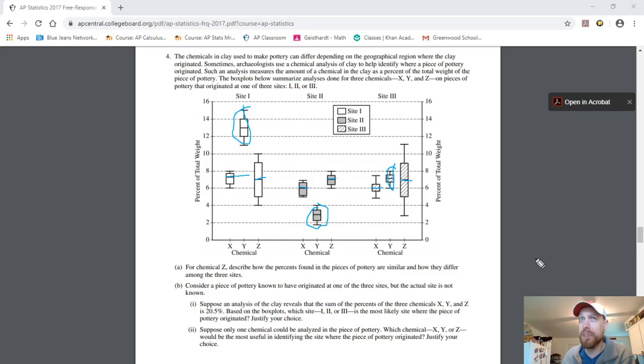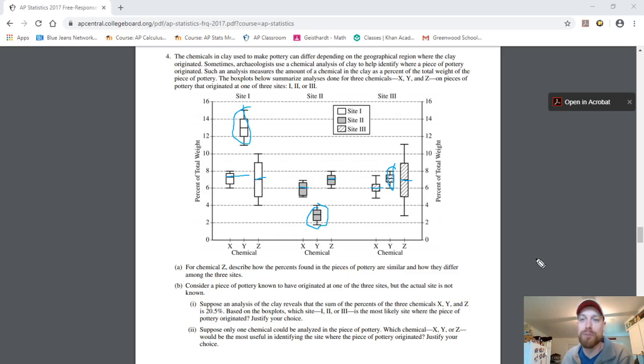I disagree with that because there could still be overlap and it would be the most useful. It's not required that there's no overlap for it to be the most useful chemical. But in this case, there obviously is no overlap in the percents. If it's between 11 and 15%, you know it came from site 1. If it's between 6 and 8%, you know it came from site 3.